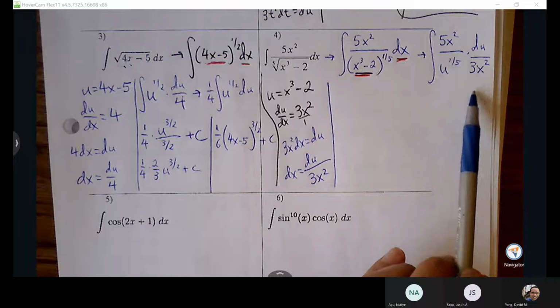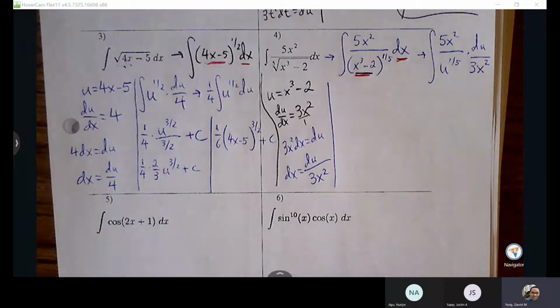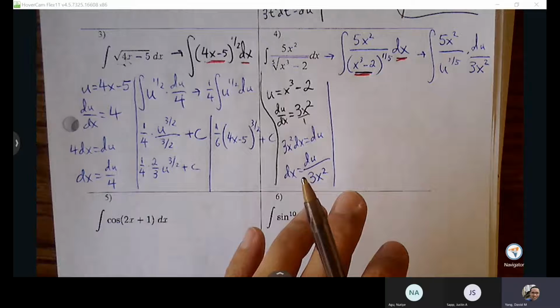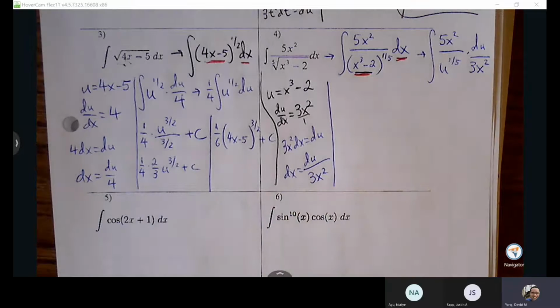Okay, are we able to get the x's to go away? Yes, good. Okay, x's go away.